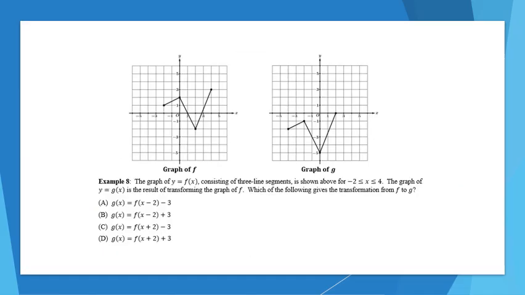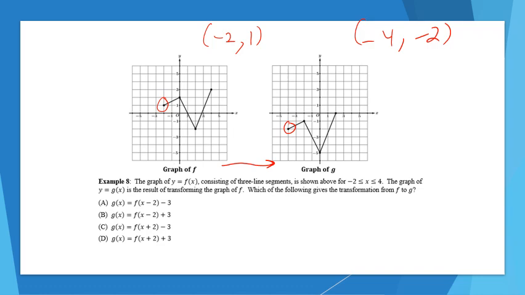Example number 8. Which of the following is a transformation from f to g? And so here, I'm going to take 1 point and see how that 1 point moves. So I'll take the n there. Here, the coordinate is negative 2, comma 1. And then this coordinate is at negative 4, comma negative 2.